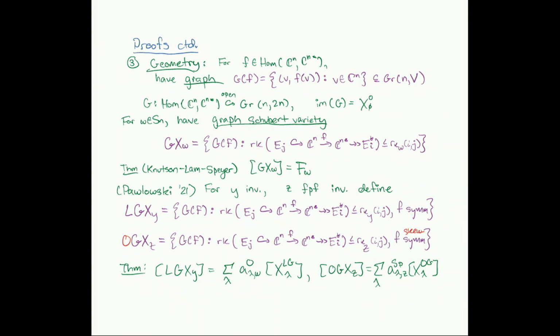And so these have classes that are the involution and fixed point free involution Stanley symmetric functions, i.e. they are geometric interpretations of these symmetric functions. Furthermore, this construction can be back stabilized and you can get backstable polynomials as well.